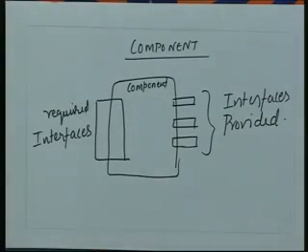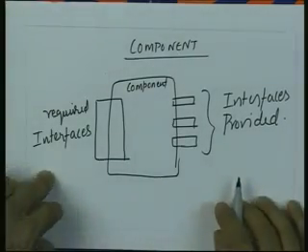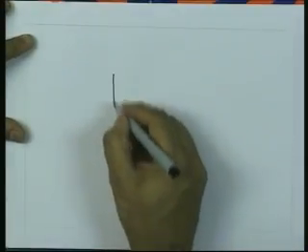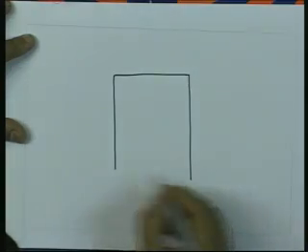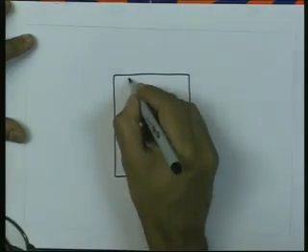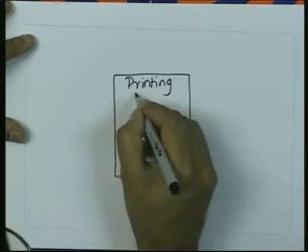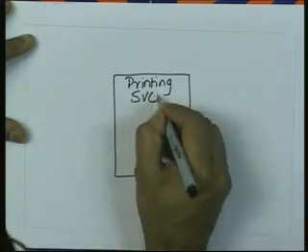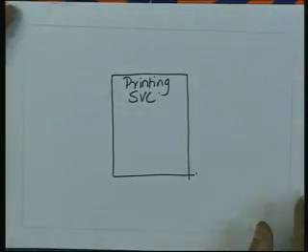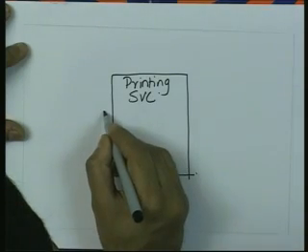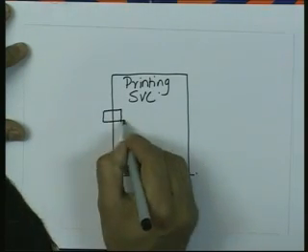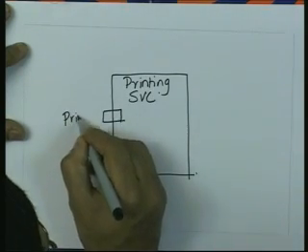So, we can extend this to a particular example, let us say a printing service component. In the case of the printing service component, it has a required interface, which is that of the printer.